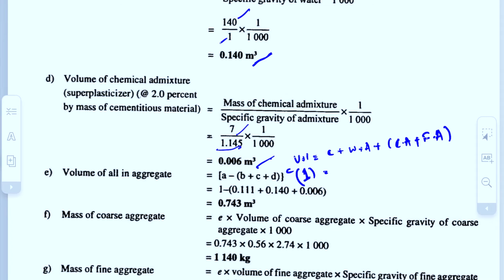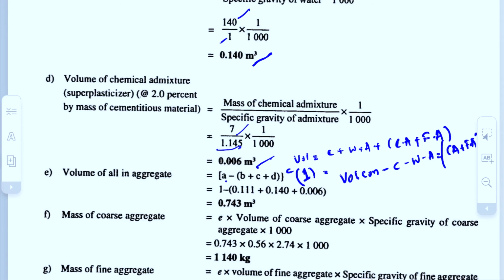Okay, we have calculated the volume of cement, so these values we have to substitute here. Volume of concrete minus cement minus water minus admixture will give us coarse aggregate plus fine aggregate. Getting my point?